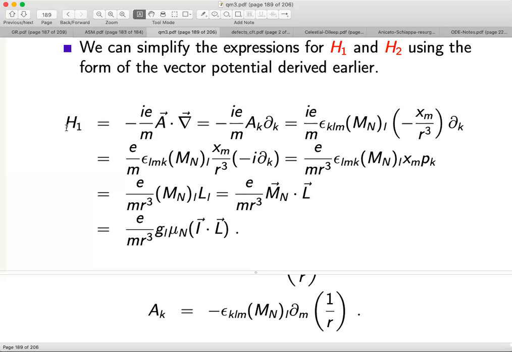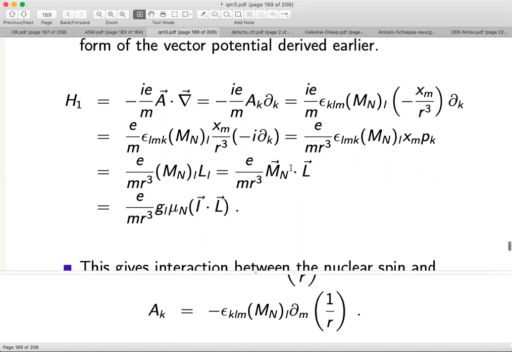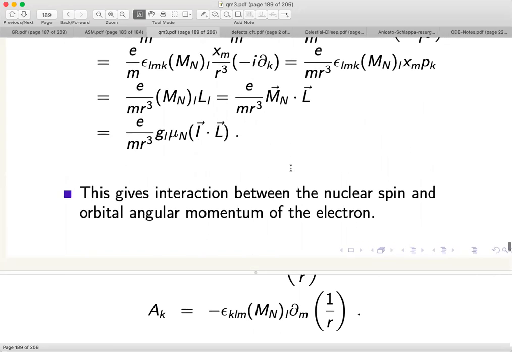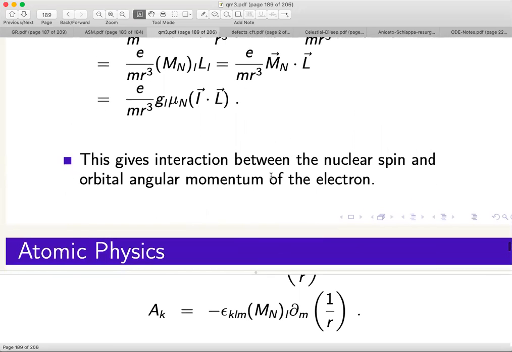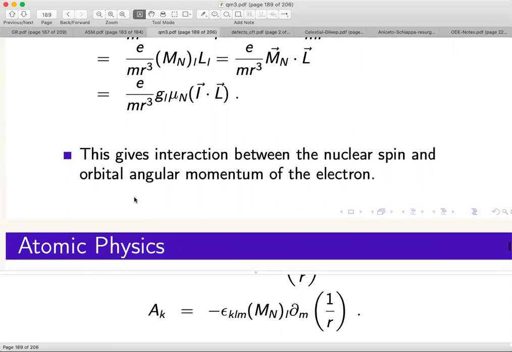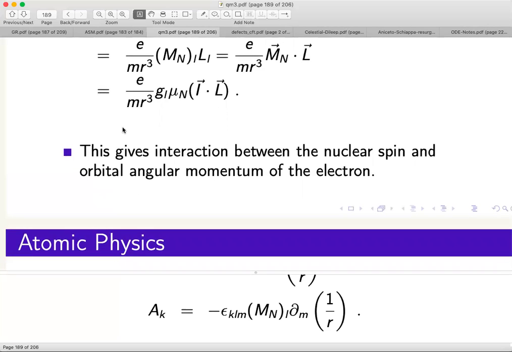Okay, and therefore H1, which was minus i e by m times A dot del, is actually just nuclear magnetic moment factors times e by m r cube times the I dot L term. Is that fine? So this gives us the interaction between the nuclear spin and electronic orbital angular momentum. Okay, so that is the term.